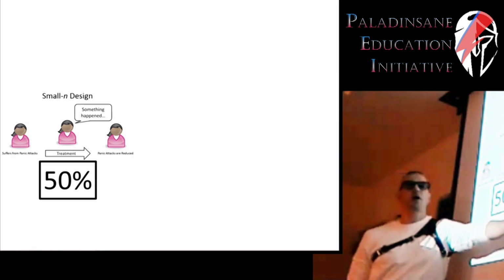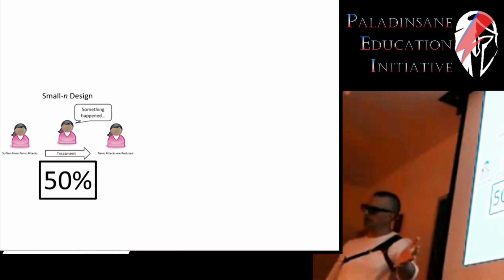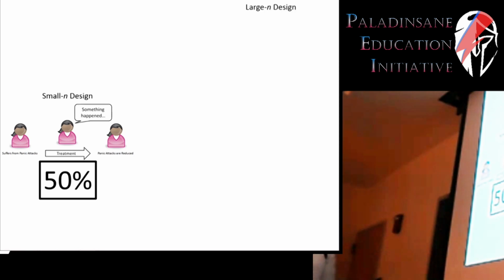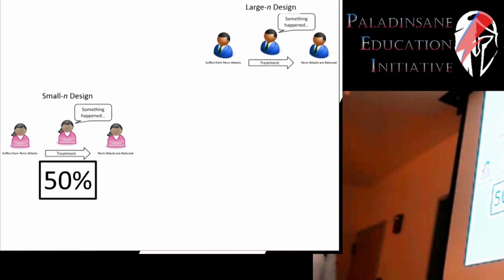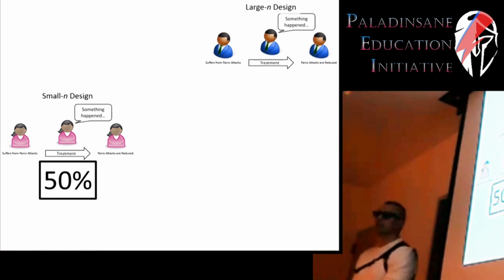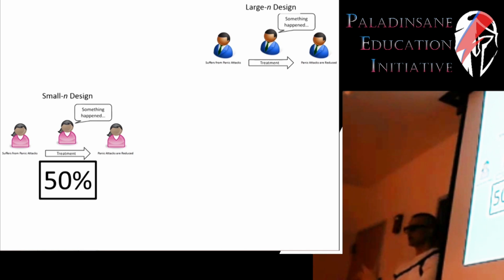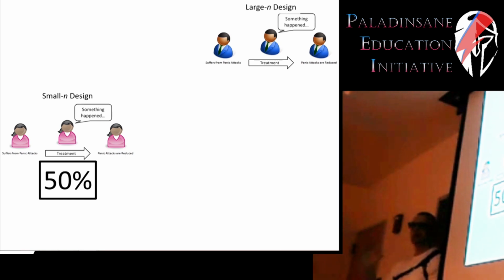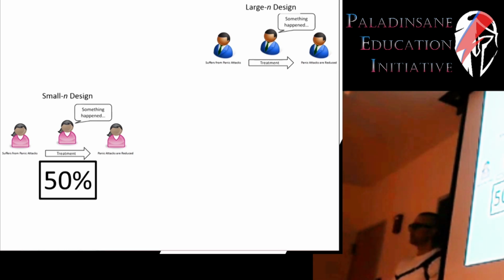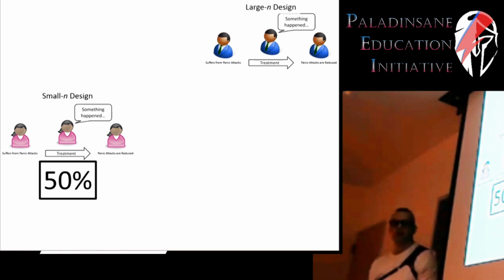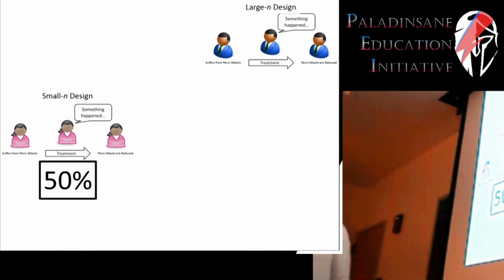So why is this not a problem in experiments with larger numbers of subjects? Well, if you're taking a look at a large number of subjects, you have subject number 1 over here, and in subject number 1, let's say that their panic attacks reduced. Let's say that you are treating a whole bunch of subjects in a sample and you're using the same treatment: count backwards from 20, breathe in through your nose, out through your mouth.